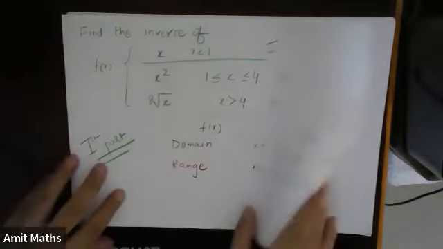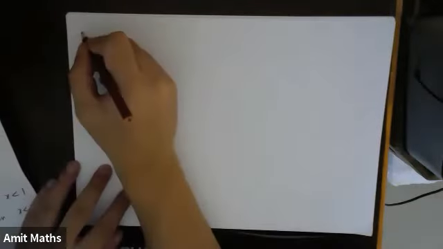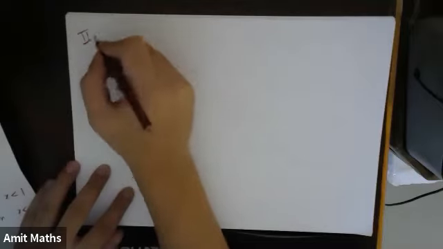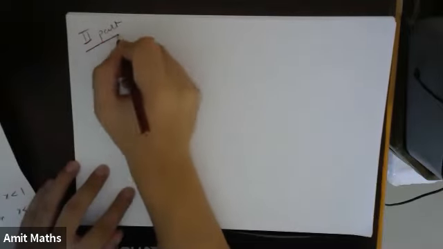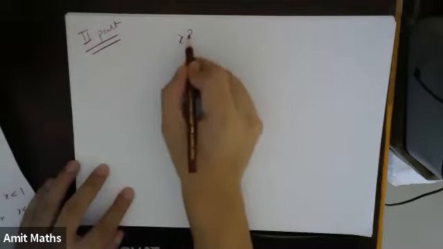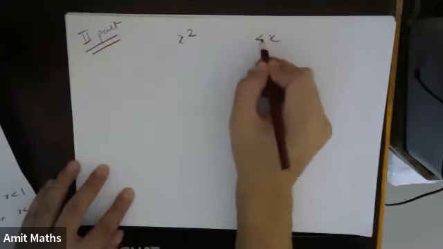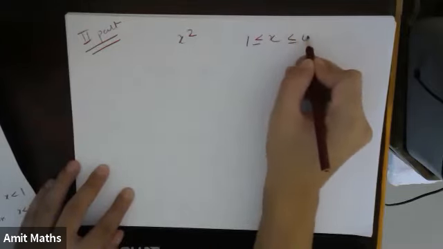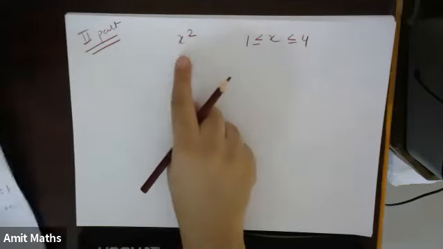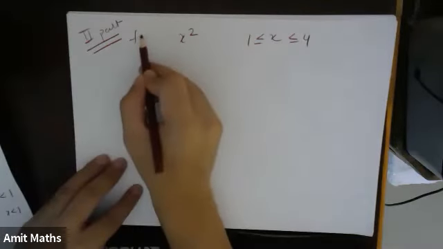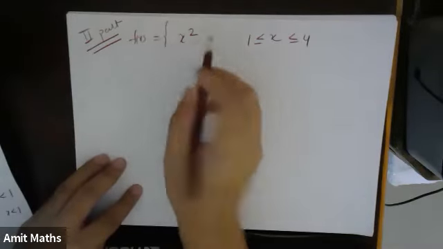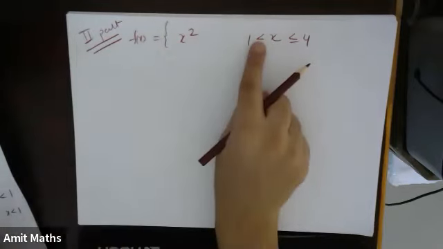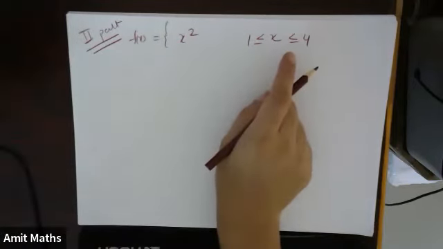Okay, let's solve for the second part. We have x square such that x is greater than or equal to 1 and less than or equal to 4. So for this part, this is the function f of x, x square, for x greater than or equal to 1 and less than or equal to 4. Fine.